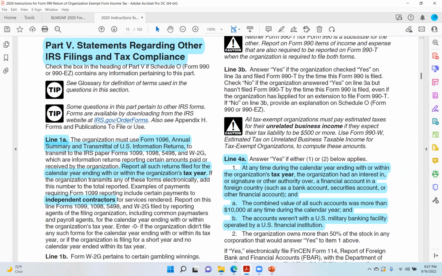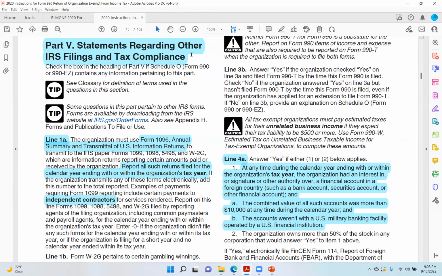Report all such returns filed for the calendar year ending with or within the organization's tax year. And I highlighted independent contractors because I have a feeling that the Black Lives Matter Global Network Foundation used independent contractors to do their work for them instead of full-time exempt employees per se.